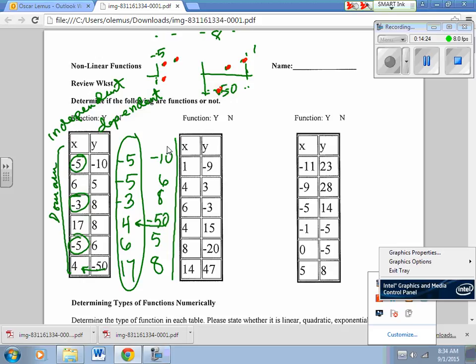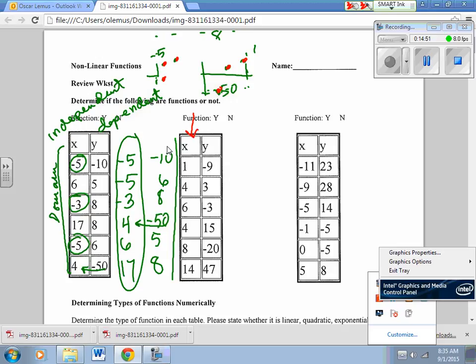Now I rewrote these in the correct order because we need to see what's happening, okay? All right. So what we're going to start to do is make sure that the table is in order first. Remember, the x's need to be in order, not the y's, okay? Is the domain in order on the second table?